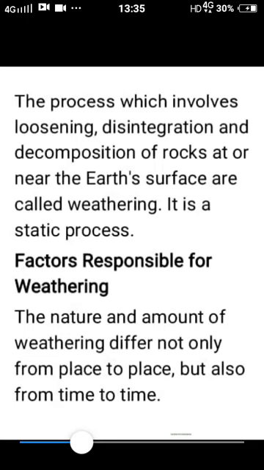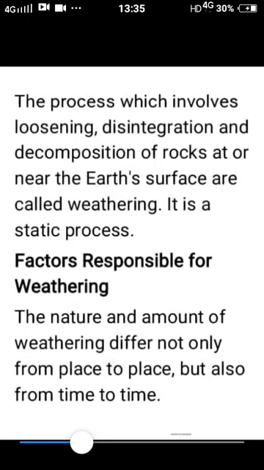Now the weathering process involves loosening, disintegration and decomposition. Listen to it very carefully. Here three words are given: loosening, disintegration and decomposition of rocks or any hard materials at or near the earth's surface are called weathering. It is a static process.